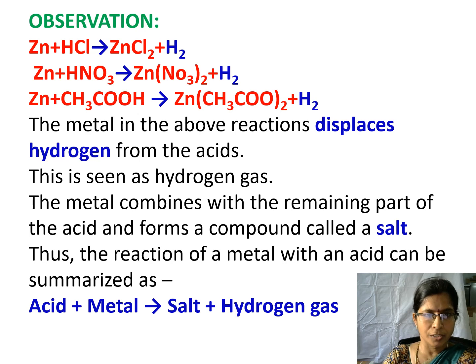The other reaction, Zn plus HNO3 gives rise to Zn(NO3)2 plus H2. The next reaction, Zn plus CH3COOH gives rise to Zn(CH3COO)2 plus H2. So you can observe that in all these reactions, hydrogen gas is released.